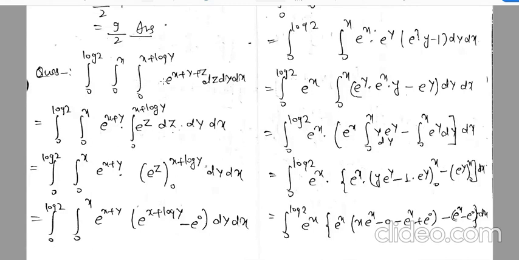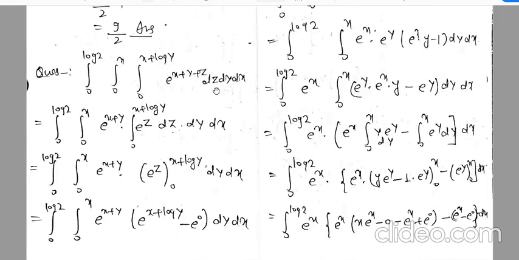So you will see which variable is coming first, which variable is coming after that, and so on, right? So you can see here that the last outer limit is always a constant limit, as I told you, the outer limit is always a constant limit. So 0 to log 2 is a constant limit, 0 to x, and 0 to x plus log y.